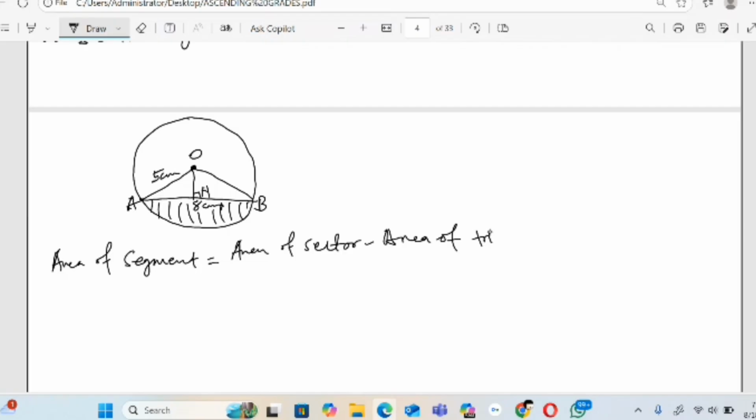Area of sector is given by theta over 360 pi r squared. Then we minus area of the triangle, which is now simply half base height.